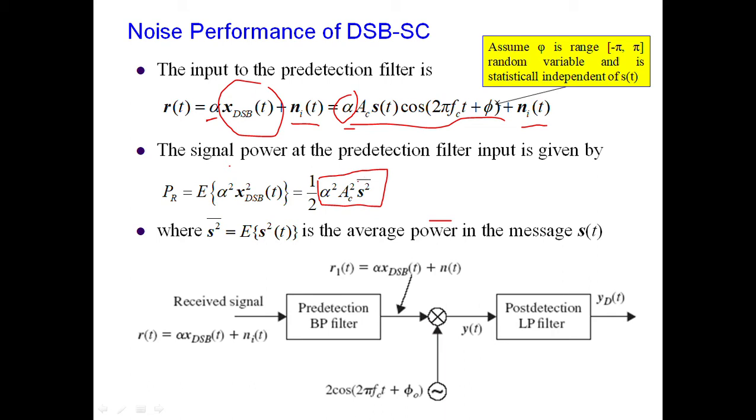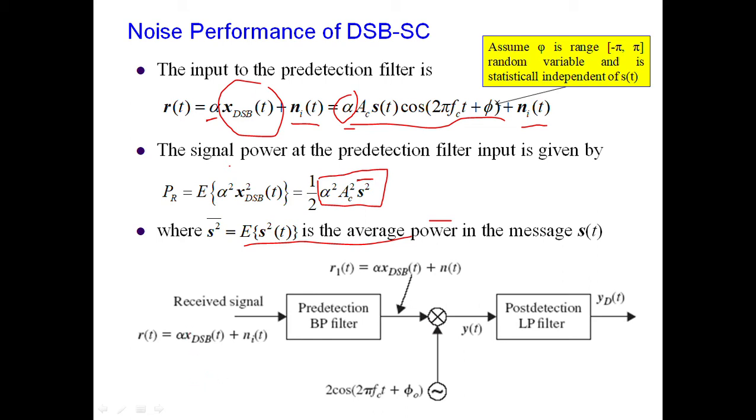What does it mean? This one is the average. So s squared bar is the average power in the message. For example, if the signal has more than 2 amplitudes, we need to calculate the average power. We'll see in the example. Alright, so again, I will show you at the receiver side.